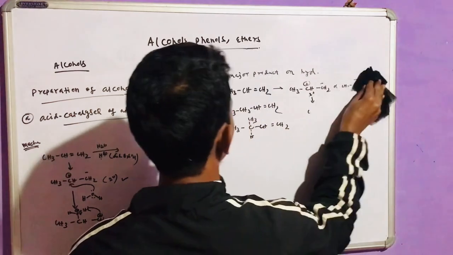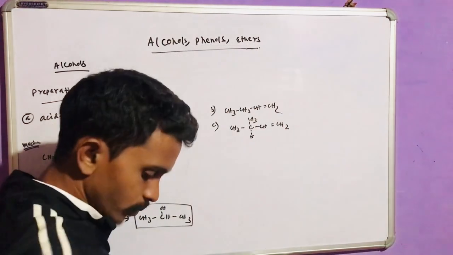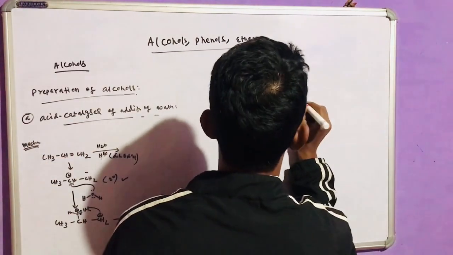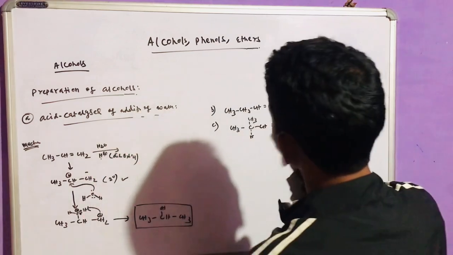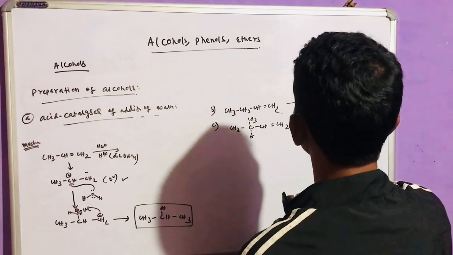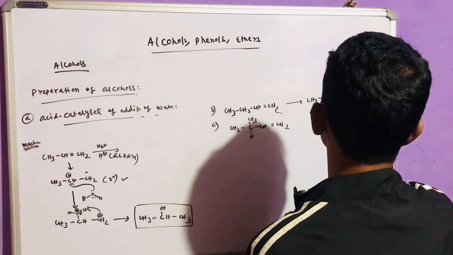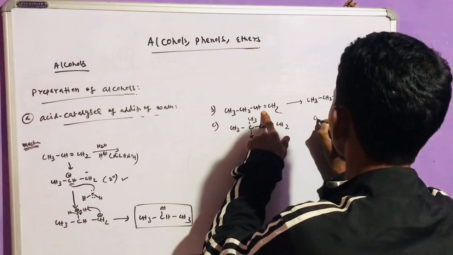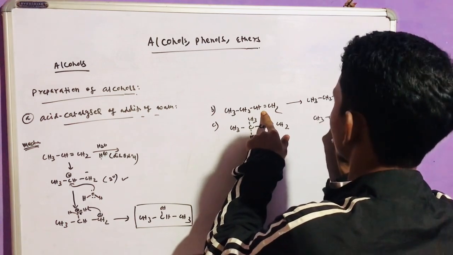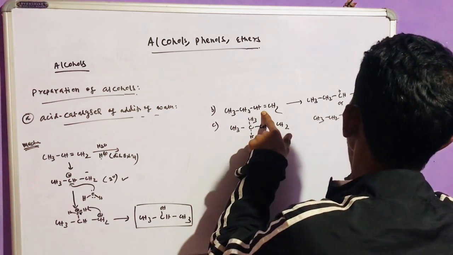And for case B, whenever we do hydration, we break this double bond and it can form CH3 CH2 CH plus CH3, or CH3 CH2 CH CH2 plus.